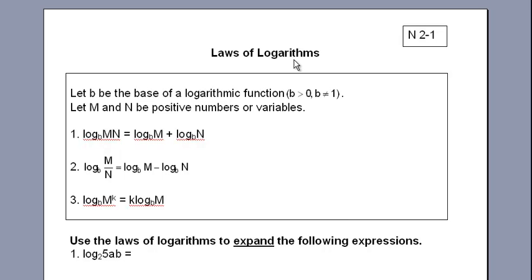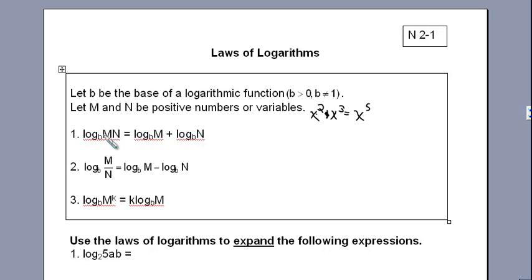For example, if you were going to multiply exponents, you'd have x squared times x cubed. The answer would be x to the fifth, or x to the 2 plus 3. So you add your exponents. Now, if you think of a logarithm as an exponent, these rules make a little more sense.